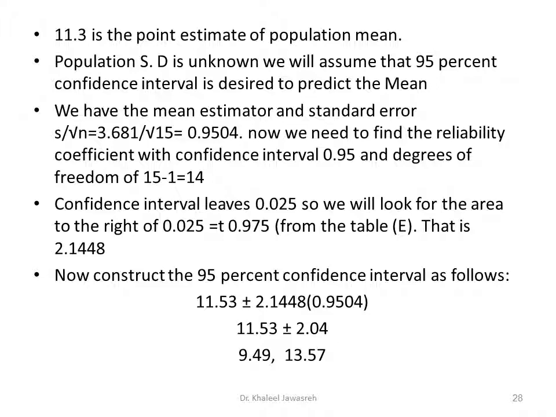Now construct the 95% confidence interval. We will have the mean 11.53 plus or minus 2.1448. Where do we get it from? We get it from the table, times the standard error. Standard error here is 0.9504. We take it by dividing the standard deviation over the square root of n, as previously calculated.